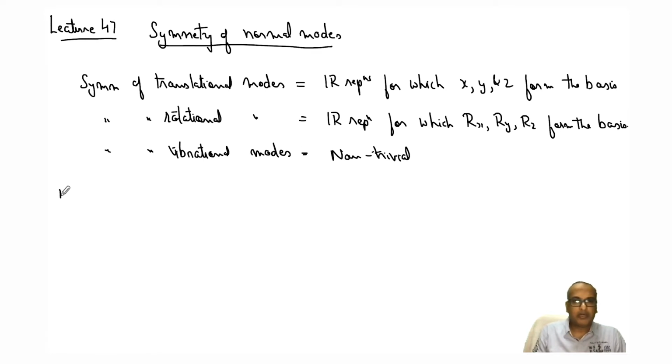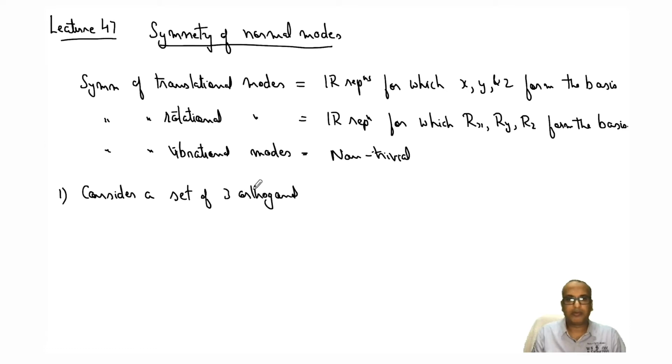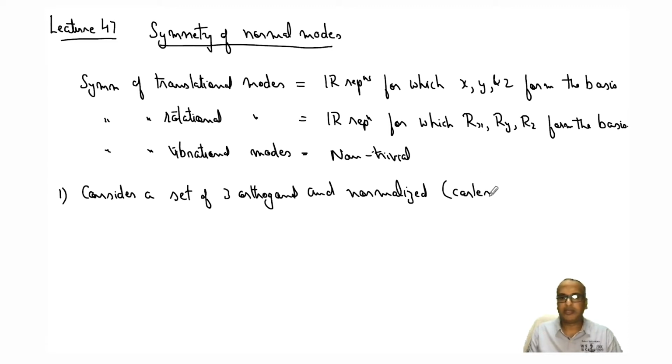So first of all, let us go step by step. Consider a set of 3 orthogonal and normalized, that is Cartesian coordinates, normalized vectors centered on each atom.